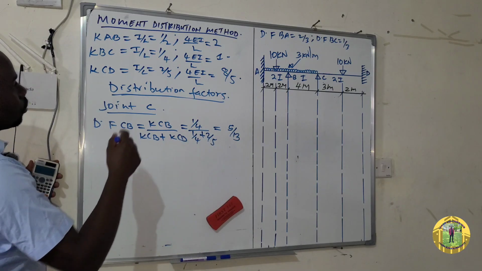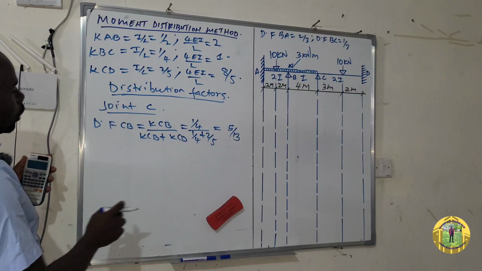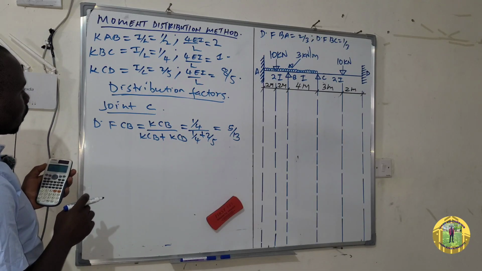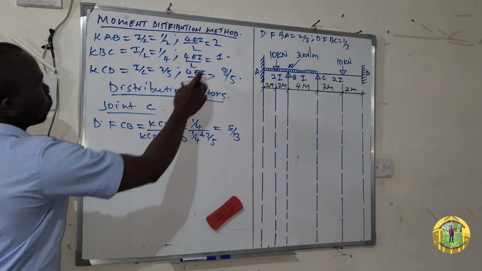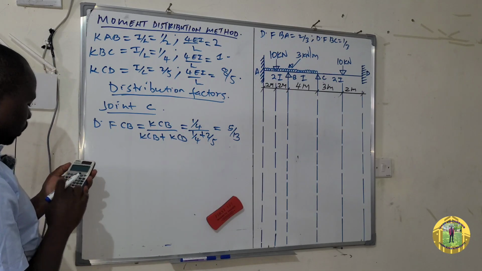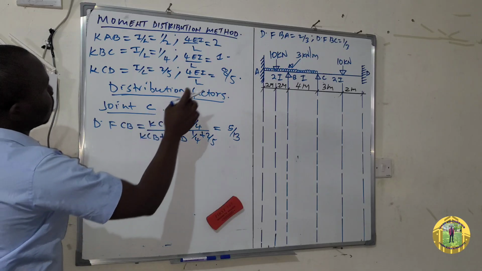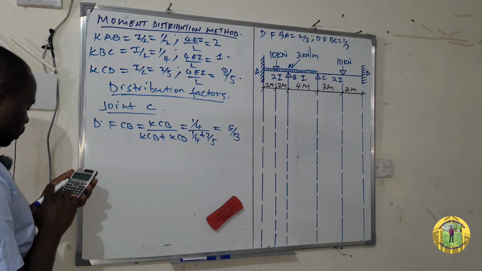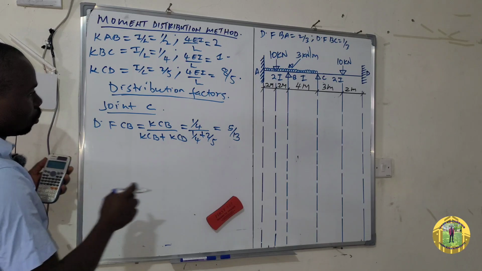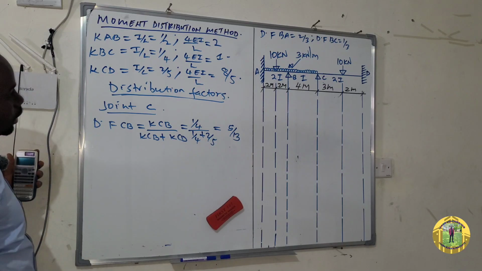Or if we decide to use 4EI, I'm not going to write it here, I just want to punch it directly in our calculator. KCB is 1, so that is 1 all over 1 plus 8 over 5. You will still get the same 5 over 13.